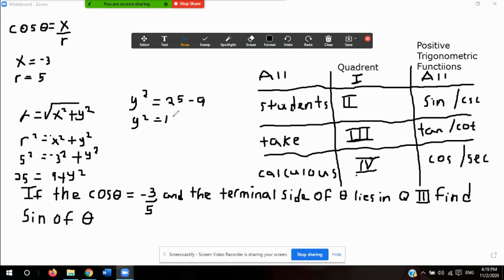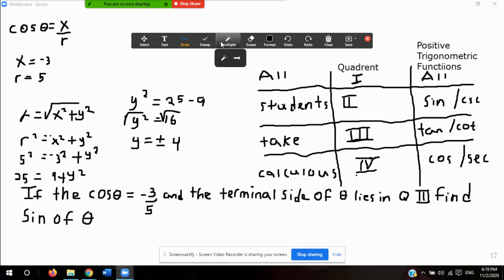So what you're going to do is square root both sides. And you're going to say, well, the square root of 16 and the square root of y squared, that's going to be y equals plus or minus 4. So that means that y equals 4.